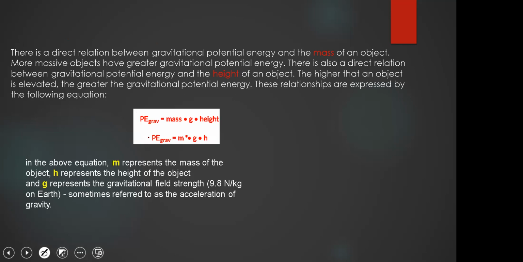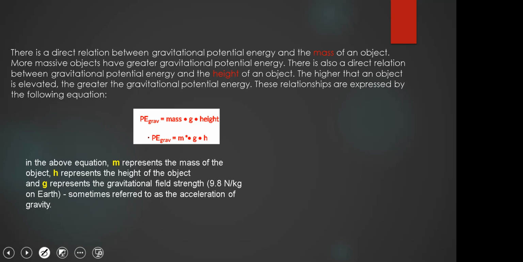Now let's see what the formula for the gravitational potential energy is. There's a direct relation between gravitational potential energy and the mass of an object. More mass means a greater gravitational potential energy.